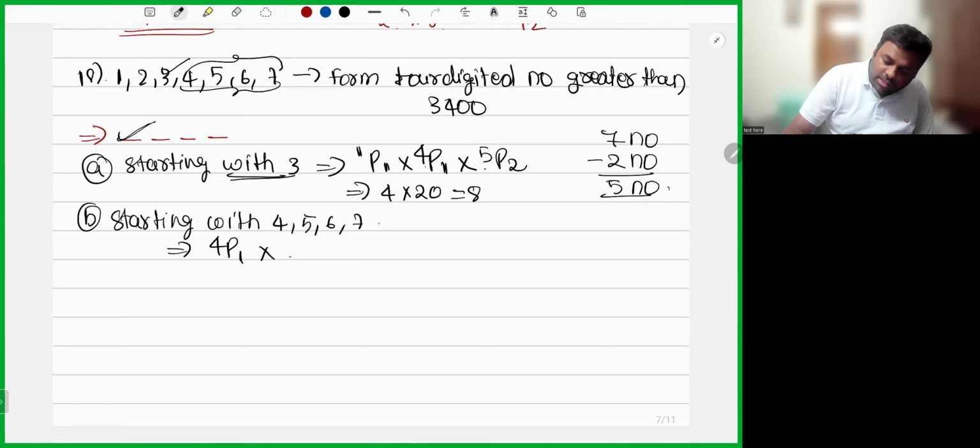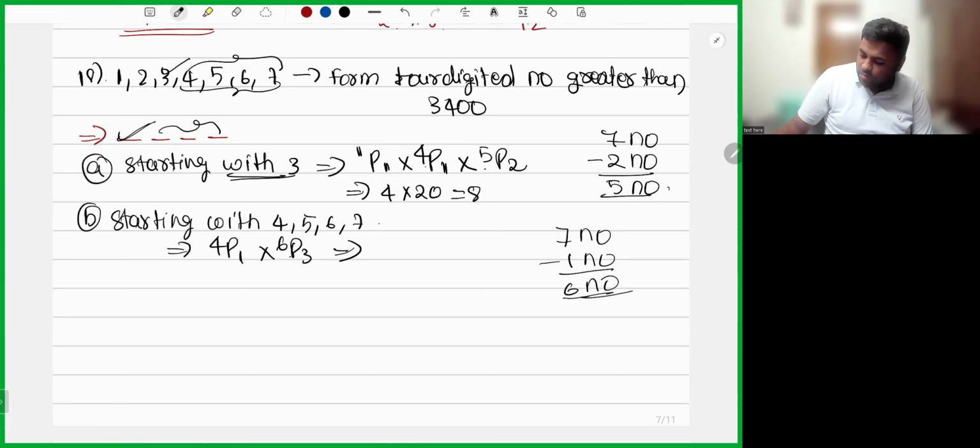Now total 7 numbers are there, 1 number has taken its position, so 6 numbers are left. 6 numbers can be placed here in 6P3. So 6 into 5 into 4 into 3 is 360. So what is 360 plus 80? 400.